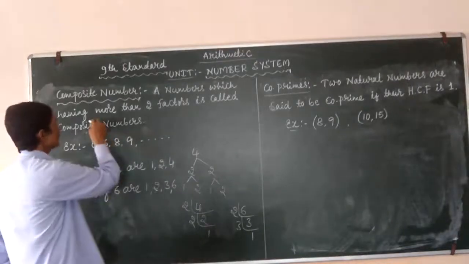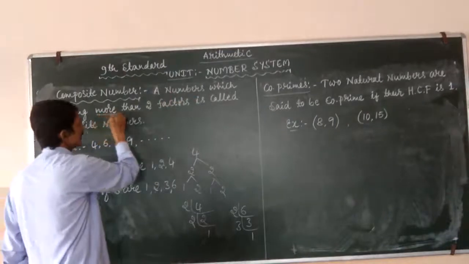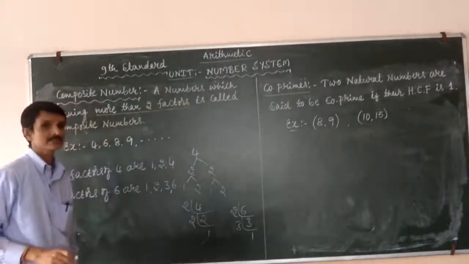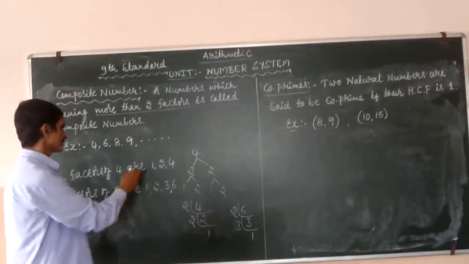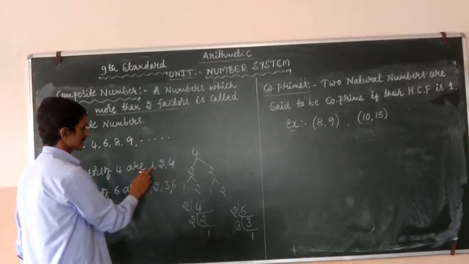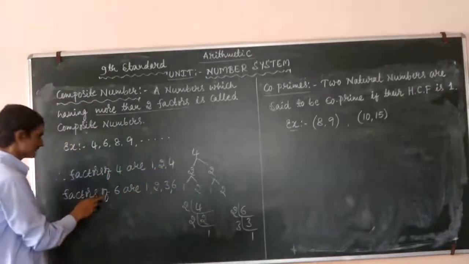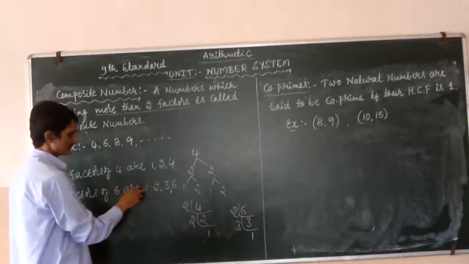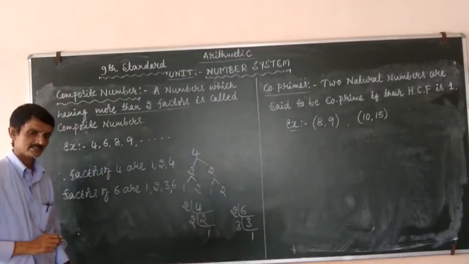Here you have to remember that a composite number has more than 2 factors. For the number 4, the factors are 1, 2, 4. For the number 6, the factors are 1, 2, 3, 6.